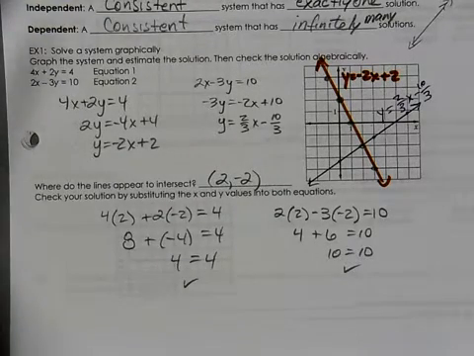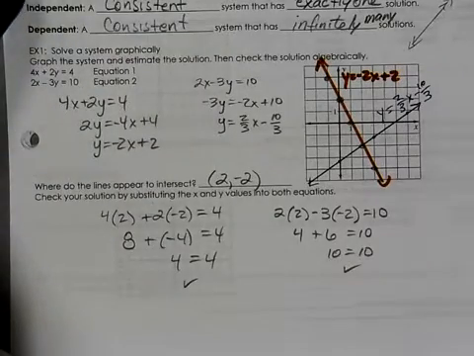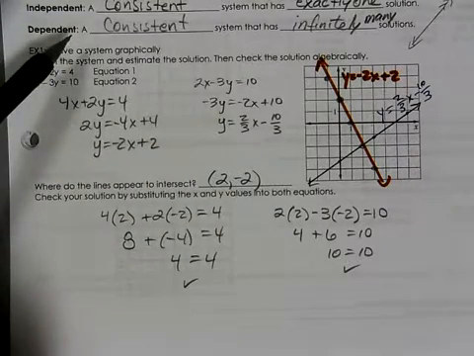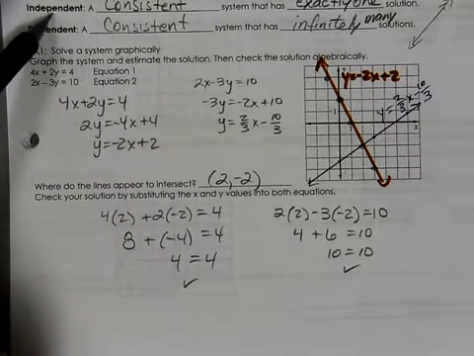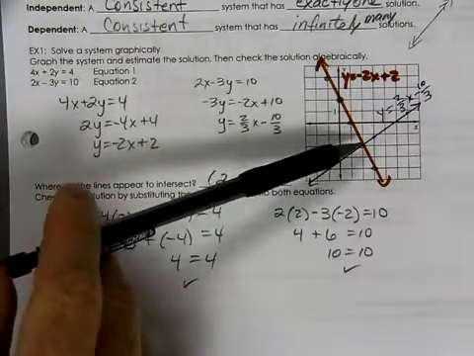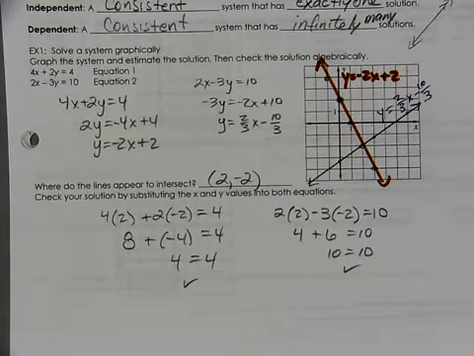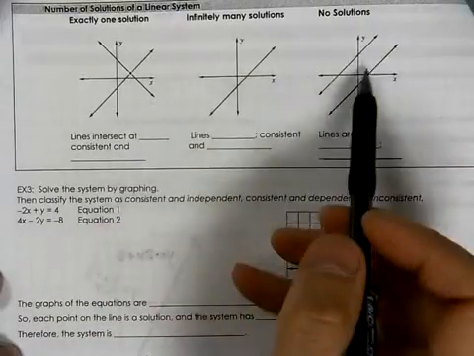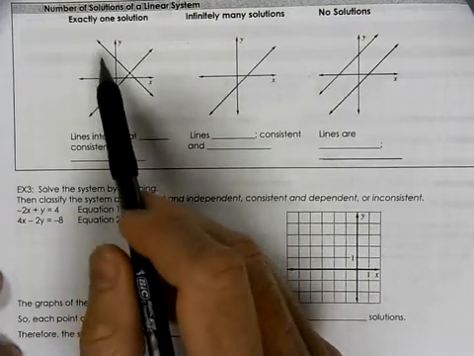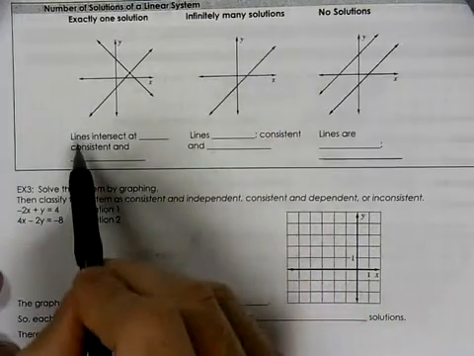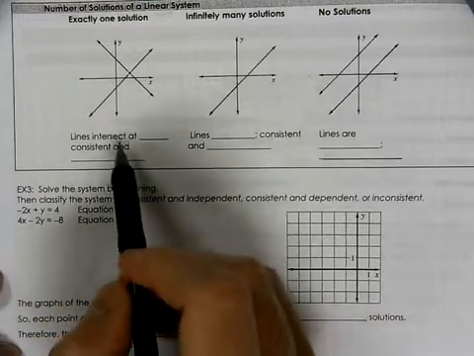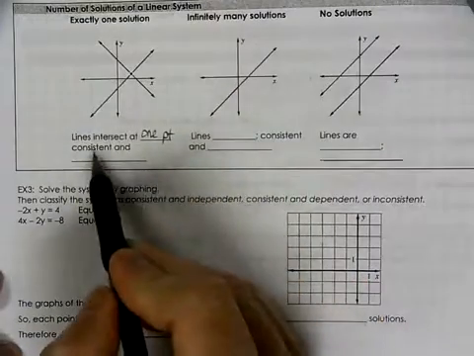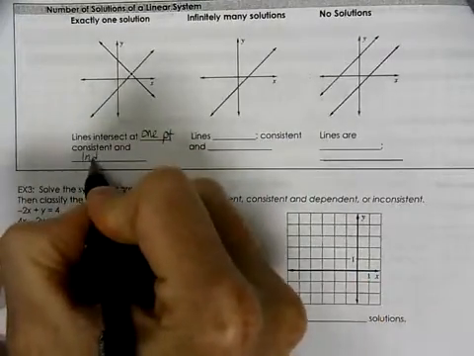Now we look up here, we know this would be considered a consistent system because it has at least one solution, and it ends up being independent because it has exactly one. On the second page of our notes, we see some graphs representing the different types of solutions we can have. Lines that intersect at one point are consistent and independent.